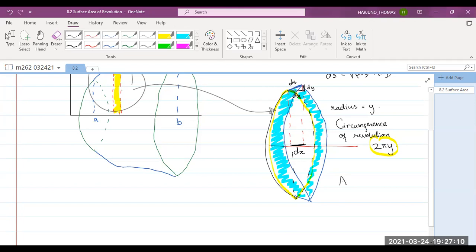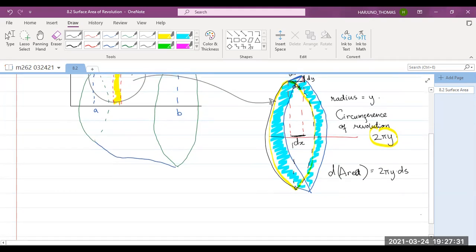So the area here, to be more precise, that's the dA, the differential of area, because it's so small, is basically the circumference multiplied by ds.